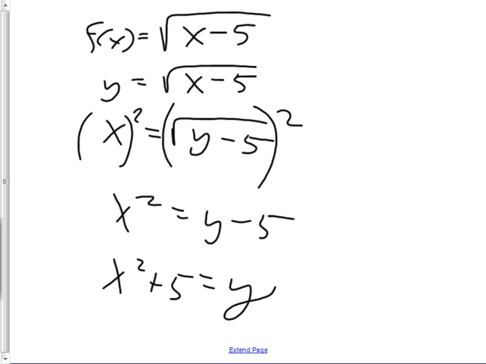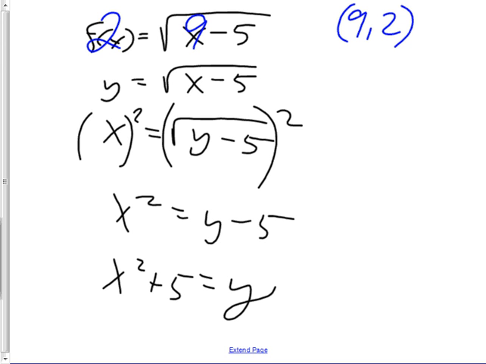Now, this is just an interesting note. If I were to put in a 9 here, do you get I'd have the square root of 4? The square root of 4 would be 2. That means that the answer is 2. Do you get that 9 comma 2 works in my original function?